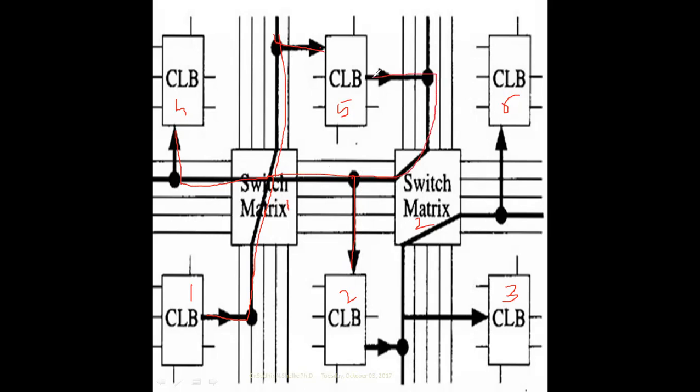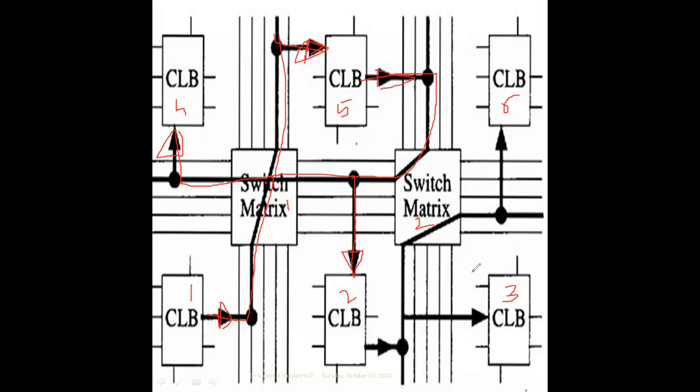The arrow marks indicate that this is an input line to CLB5. From CLB1 it is an output line, indicated outside. This is an input line to CLB5, CLB4 and CLB2. From CLB5 it is an output line, connected through this line.